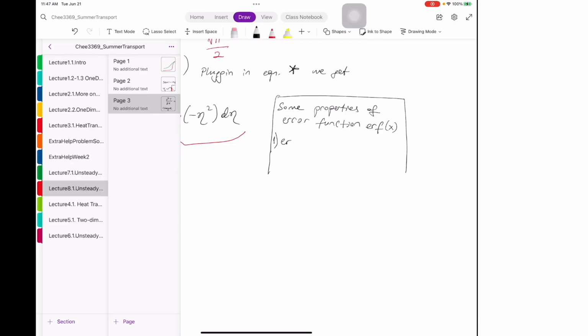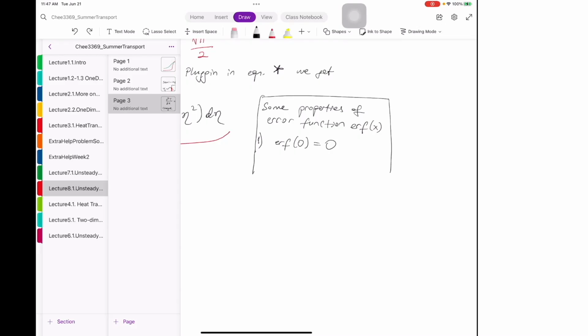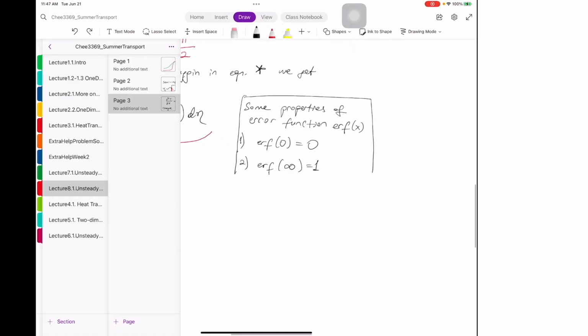One, the error function of 0 is strictly 0 because, as you can see, if you plug in 0 here, from 0 to 0, you get 0 value for the integral. If the integral has the same boundaries at the 2 points, you get 0. The second property is error function of infinity: if this goes to infinity, we know that this entire thing goes to square root of pi over 2, so after the cancellations, you get 1. Error function infinity is 1.